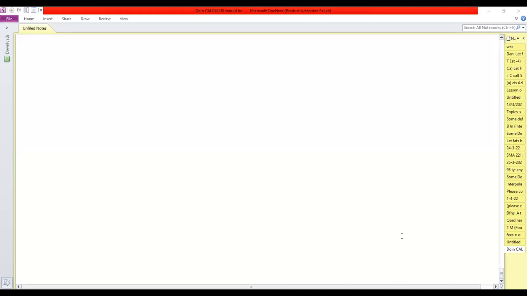Now, the question is the integral of square root of x e raised power square root of x dx. So you see these square root signs are scaring us.